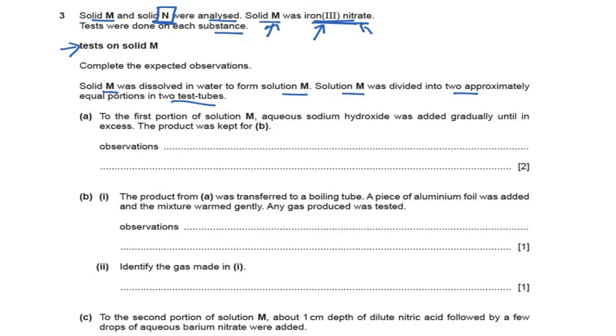To the first portion of solution M, aqueous sodium hydroxide was added gradually until in excess, and the product was kept for B. If we go through the cation and anion test table, for iron(III) the test with sodium hydroxide shows red-brown precipitate. So I'm writing red-brown precipitate.